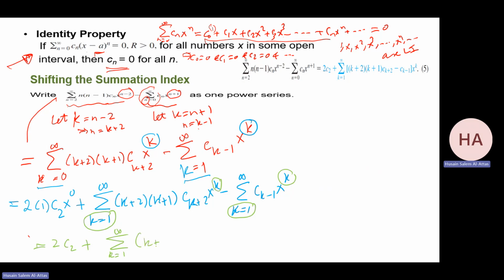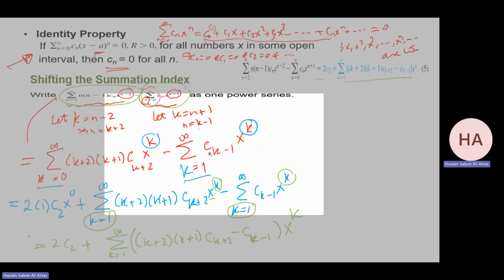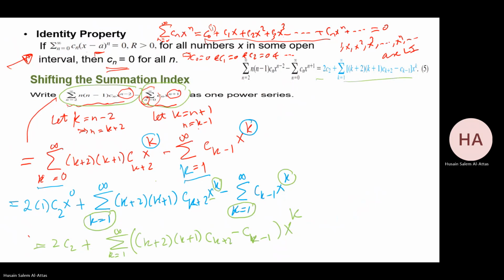I combine these two: k plus 2, k plus 1, c of k plus 2, and I can take x to the power k as a common factor at the same time, minus c of k minus 1, all times x to the power k. And this is my answer. So we combined these two series into one series, plus a value.